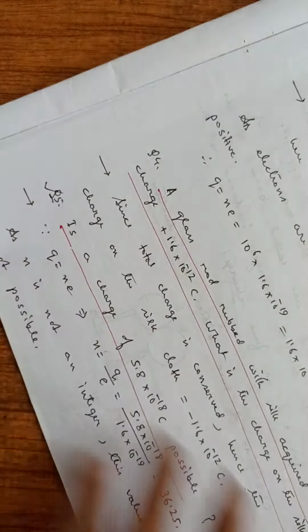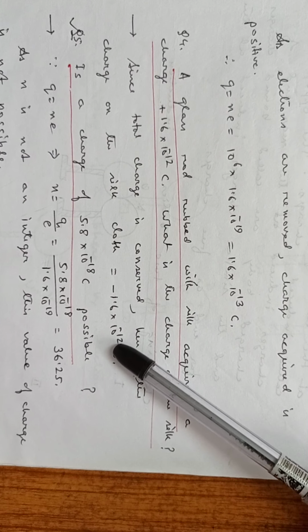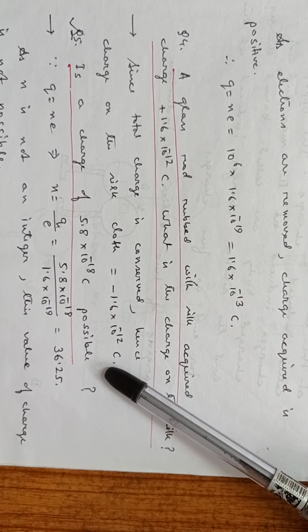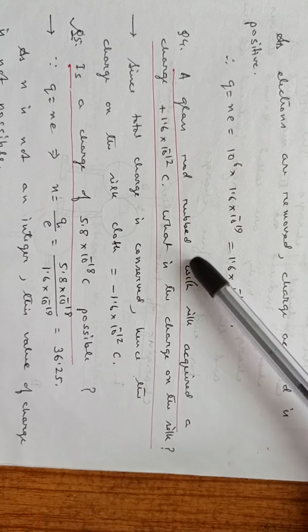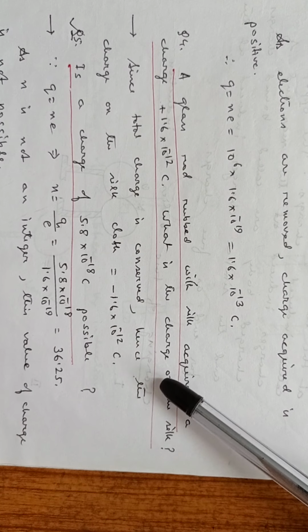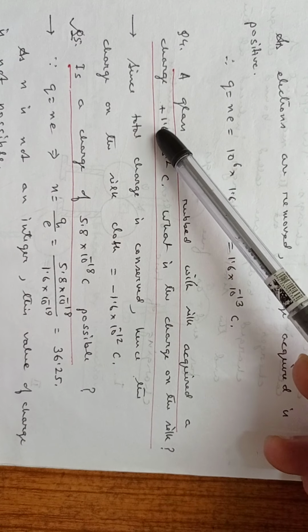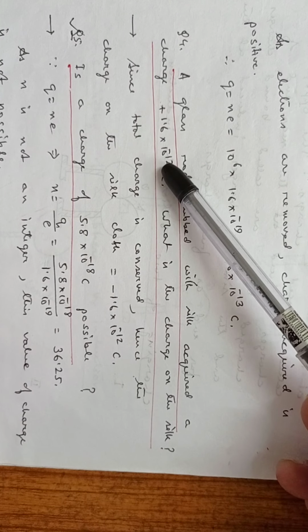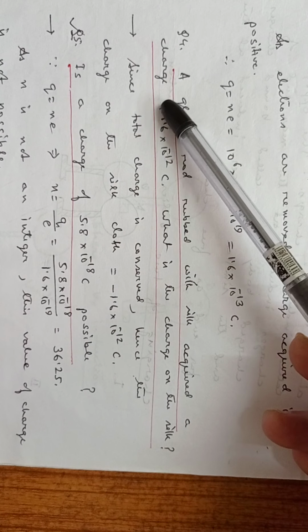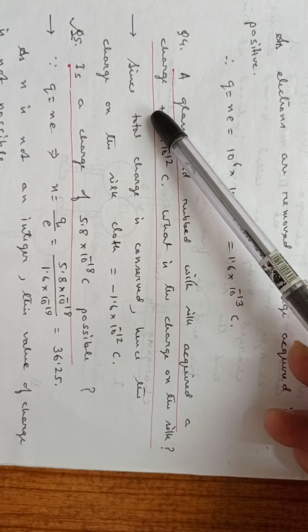Since total charge is always conserved, the charge on the silk cloth is equal to minus 1.6 into 10 to the power minus 12 coulomb. That means when we wrap the glass rod with the help of silk, glass acquires the charge of 1.6 into 10 to the power minus 12 coulomb. It is positive charge. So the charge on the silk cloth is minus 1.6 into 10 to the power minus 12 coulomb.